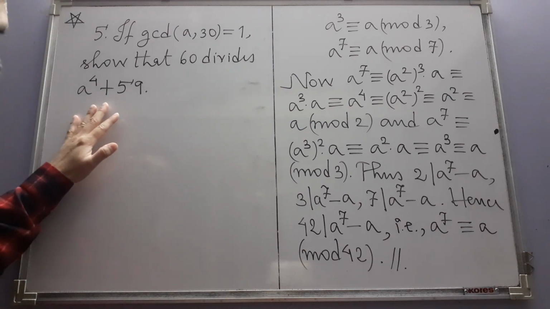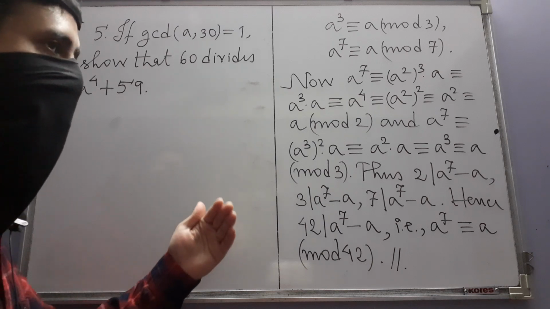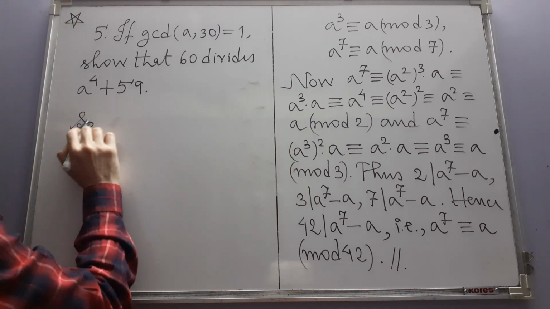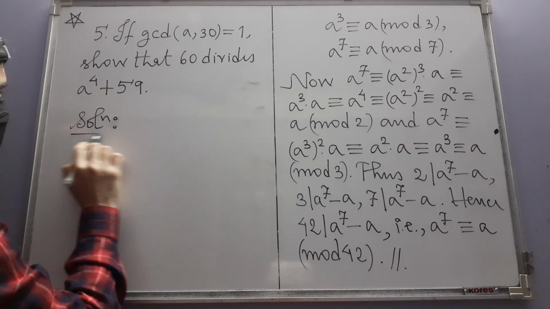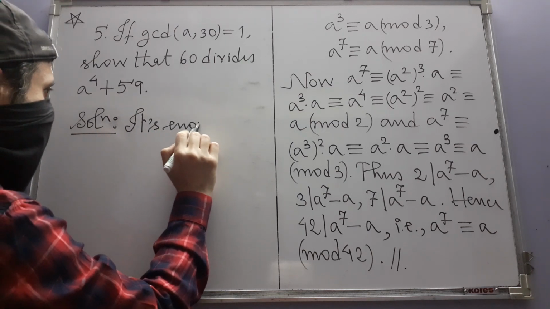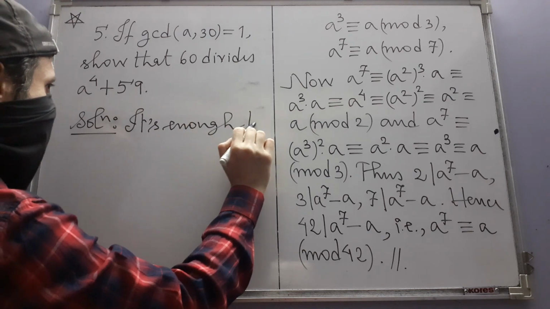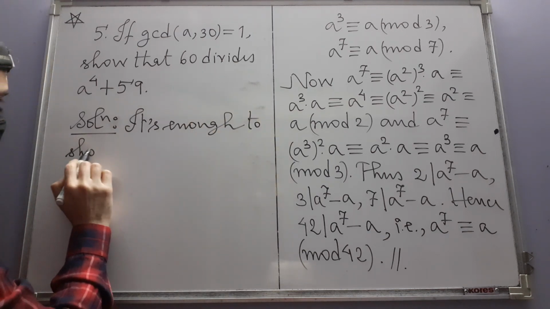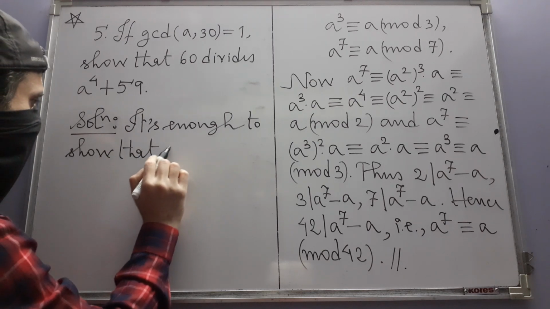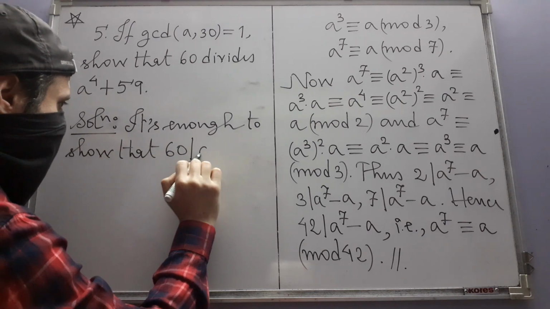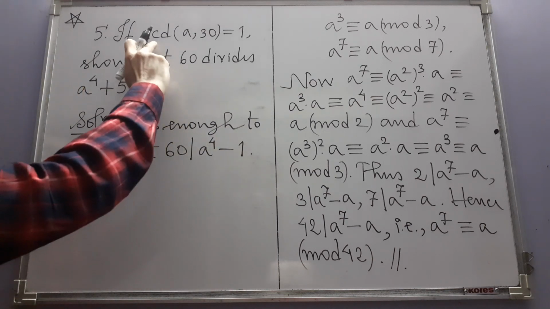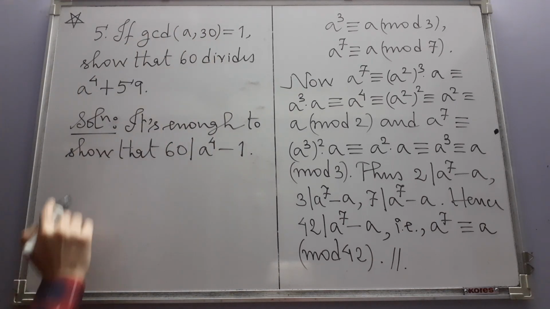So it's enough to show that 60 divides a to the power 4 minus 1. It's enough to show that 60 divides this. Now we are going to first of all use this fact.